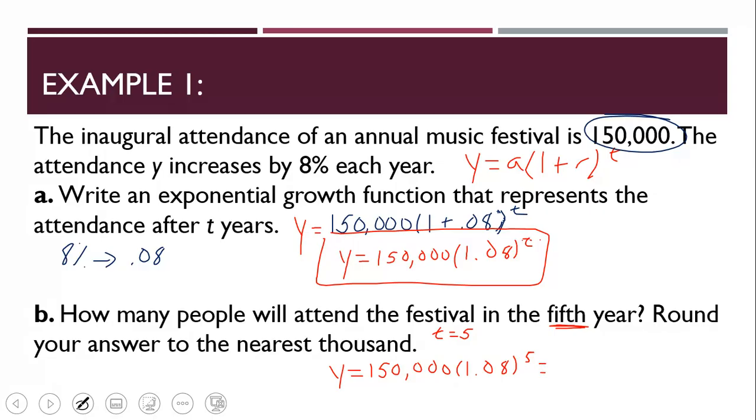Now, just like in the last lesson, you have to do that 1.08 to the 5th power first. You can plug it all in the calculator if you use parentheses at the same time. But remember that 1.08 to the 5th is being done first. You end up getting 220,399.2115.